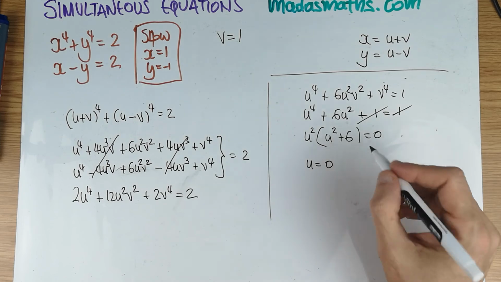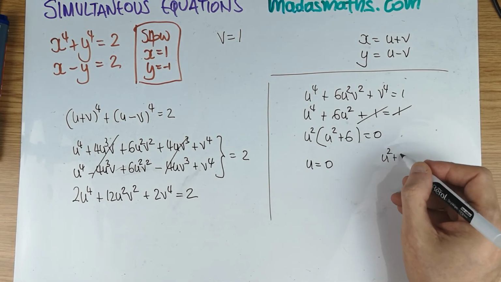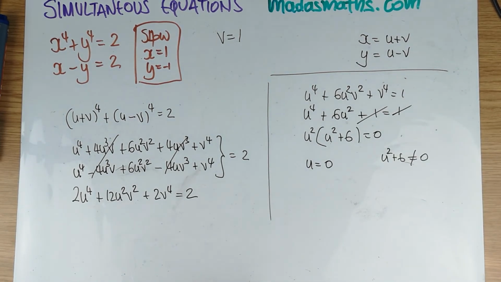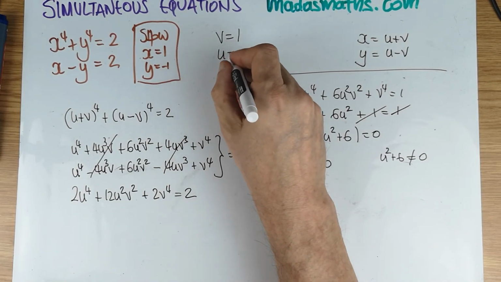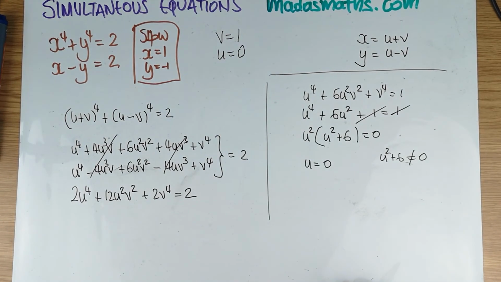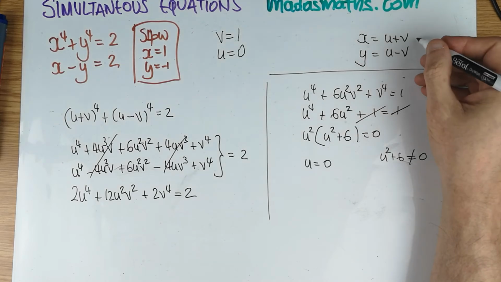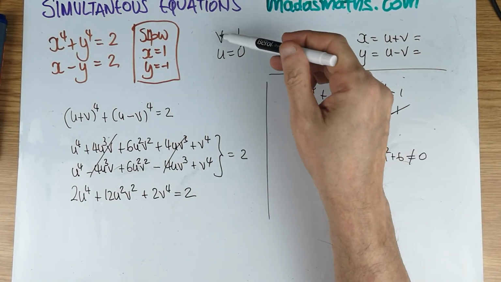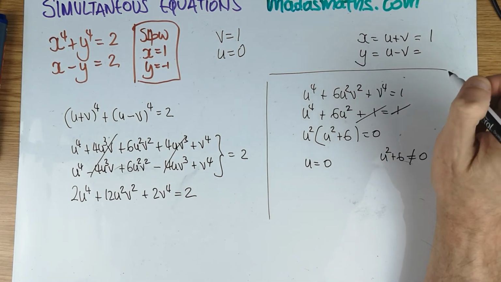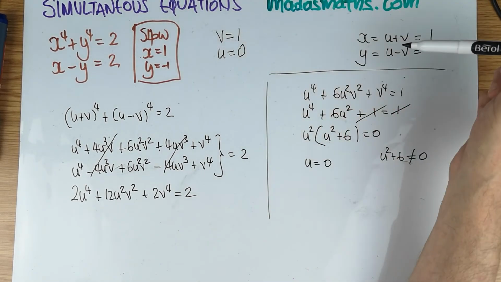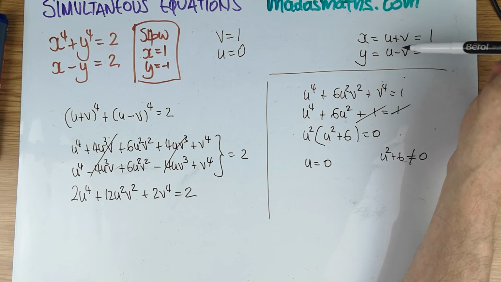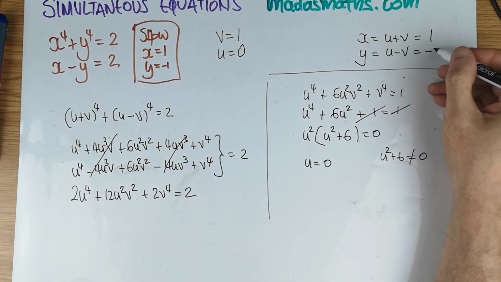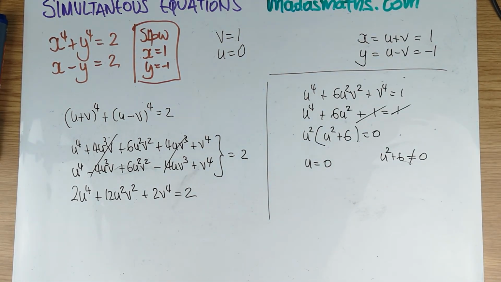Of course, u squared plus 6 can never equal 0. And we got the two values of u and v, and consequently our x is of course adding those two, 1, and our y is u, which is 0, minus 1, which is minus 1, which is what we got earlier on.